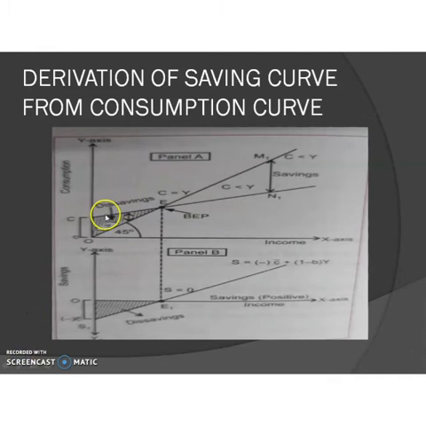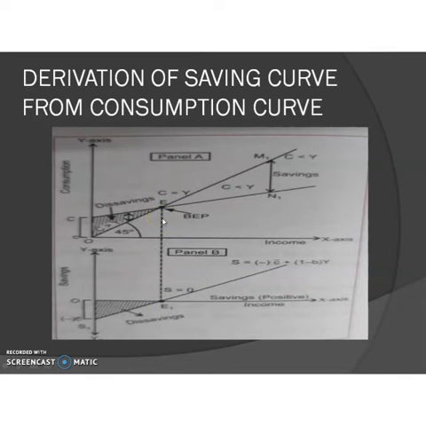Here the consumption curve intersects the 45-degree line at point E. So E is the break-even point, which means consumption is equal to income. That means saving is equal to 0.